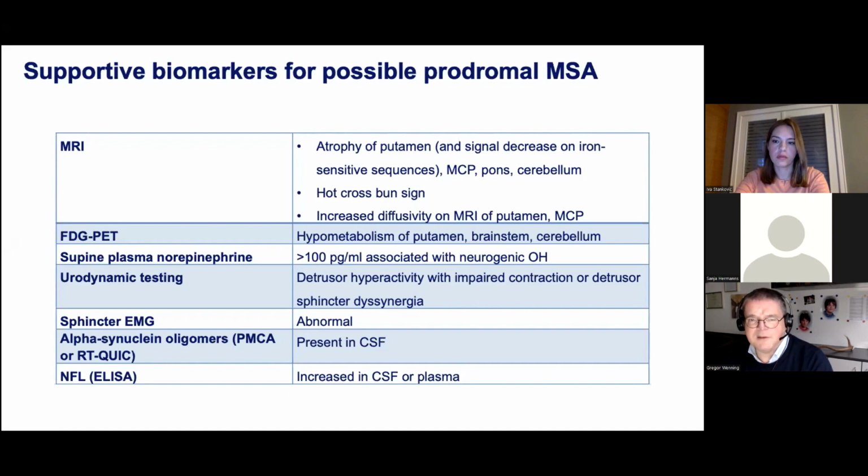Supine plasma norepinephrine greater than 100 picogram per milliliter associated with neurogenic OH, suggesting a preganglionic pattern of pathology. Urodynamic testing, as mentioned before, for clinically probable or established MSA. Sphincter EMG is abnormal or should be abnormal to suggest MSA development. Alpha-synuclein oligomers and NFL are the same as mentioned before.